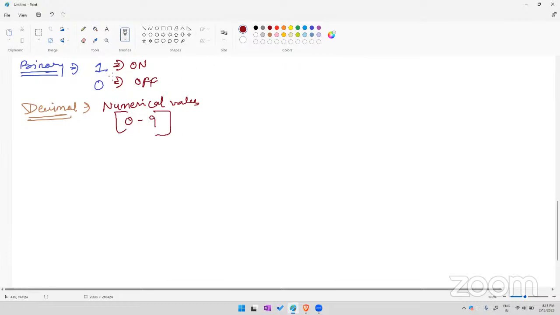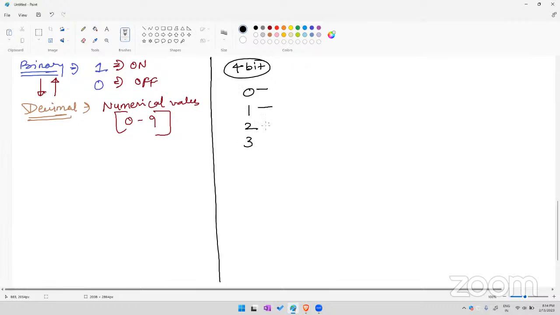Now, how to start binary to decimal or decimal to binary tasks in subnetting? We start from how many bits? If you are receiving 4 bits, how many decimal values can we get, and how many values are possible to convert from decimal to binary and binary to decimal? So 4 bits means positions 0, 1, 2, and 3.